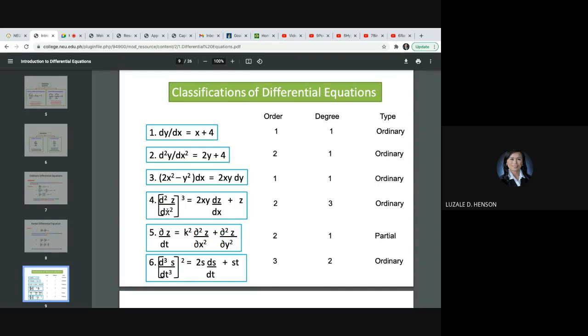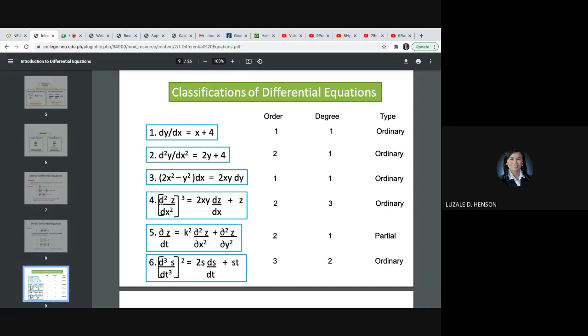Number 4, this is of order, what order, class? Order 2, right? And this is the degree. We have another derivative, but you will always look at the highest derivative when identifying the degree.